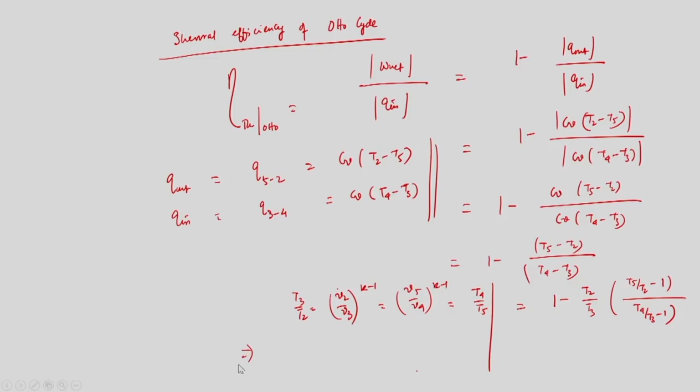Now from this expression, T5 by T2 will be equal to T4 by T3. So, essentially these two expressions are equal, and if I plug in, we get eta thermal of Otto is equal to 1 minus T2 by T3, very important.